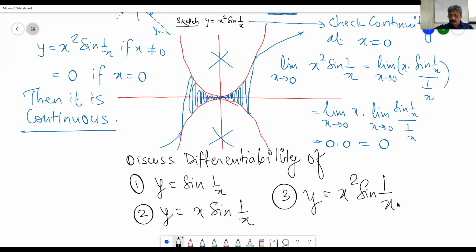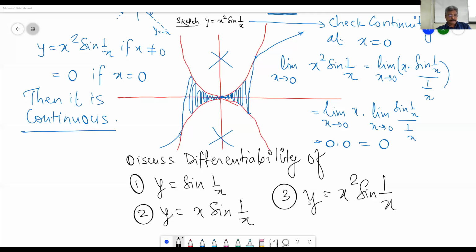Now why are we stopping at this point? Because we know if we keep multiplying by x, we are going to get similar results. So results will not be similar for these three cases. Therefore, we are discussing these three cases. Okay, I give you time. You come out with the answer, then we'll discuss differentiability of these three functions. Correction, discuss differentiability of these functions at x is equal to 0.